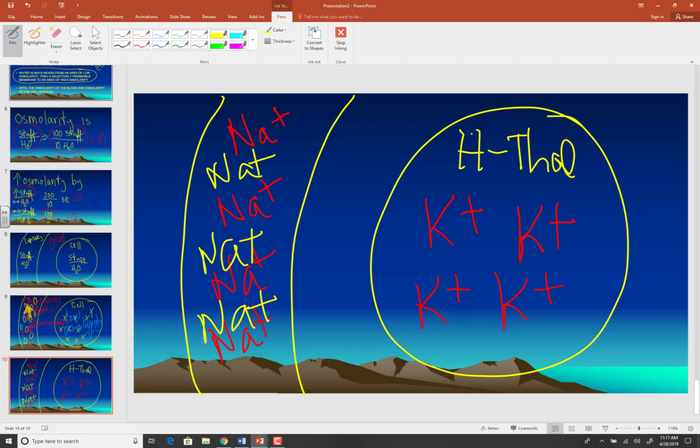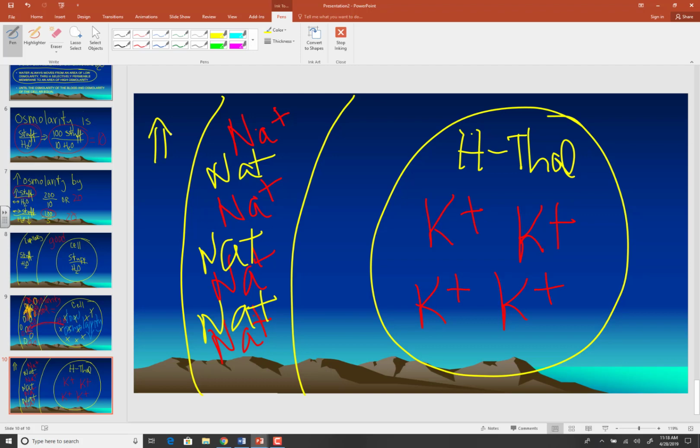So now, what has happened to the osmolarity of the blood because you ate some salt? The osmolarity of the blood has gone up. So watch. What's the goal of the body? To maintain homeostasis. Now the osmolarity of the blood is higher than the osmolarity inside the cell. Why? Because you added more stuff to it and kept the water the same.